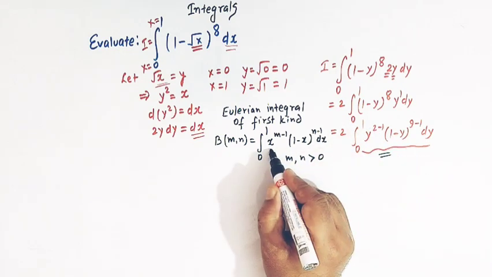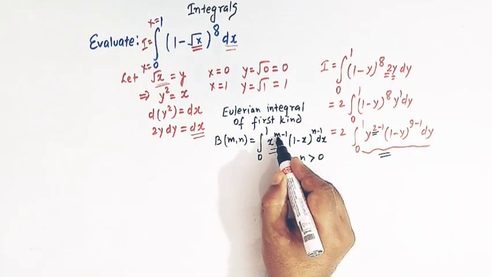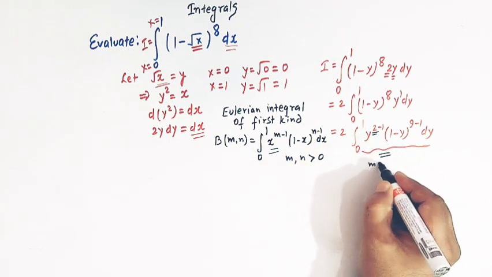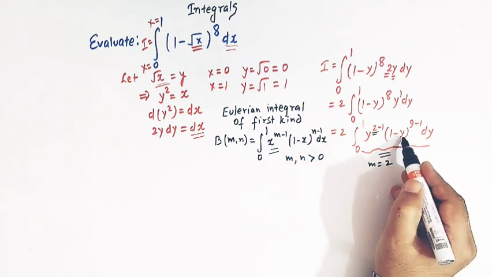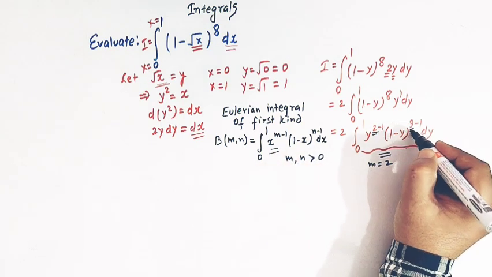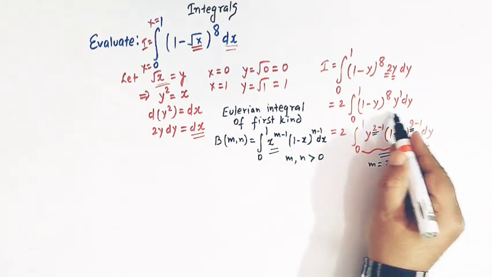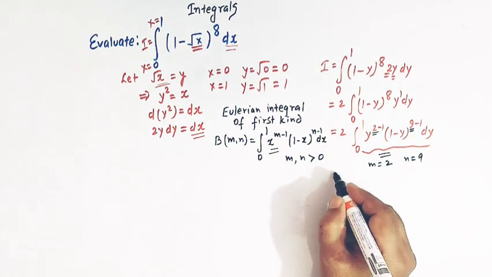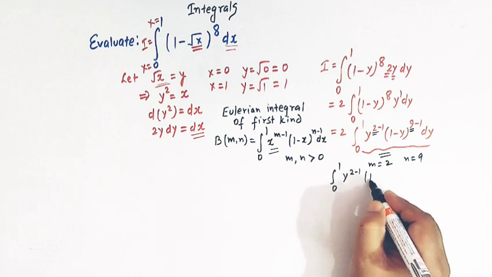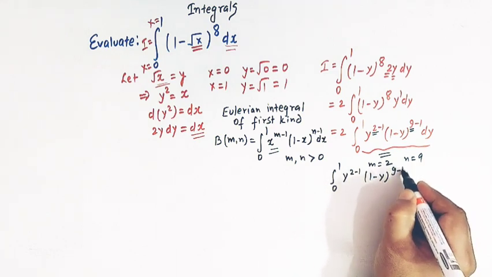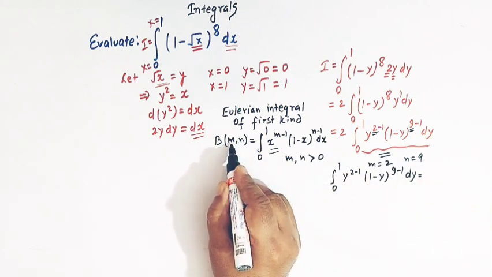If we compare this integral with this one, then the value of m is 2. So this is m, and here we have 1 minus x, here we have 1 minus y, and the value of n is 9. So we have now this integral, 0 to 1, y raised to 2 minus 1, (1 minus y) raised to 9 minus 1 dy, is equal to beta(m, n).